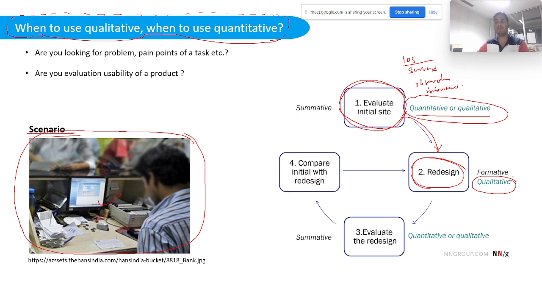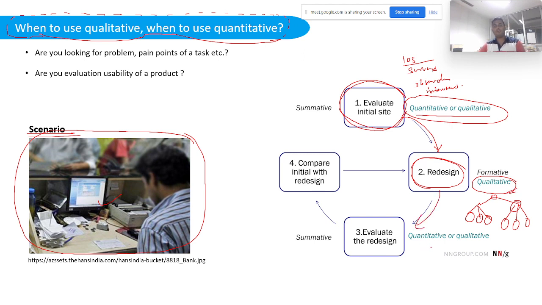You are trying to collect information. For example, you try to affinitize information in your design, like using card sorting, or you are trying to conceptualize important features together. So all those come under qualitative methods.